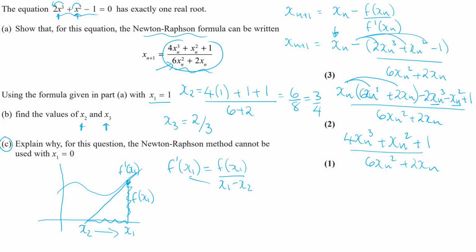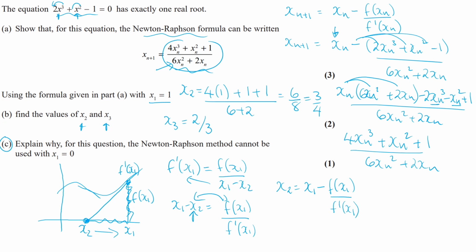Now if we just cross multiply and get that x1 minus x2 is equal to f of x1, which was our y height there, over now the gradient at x1. And then if we just rearrange for that x2, because that's our second approximation for the root, and then you'd be finding a tangent and trying to home in on that root.